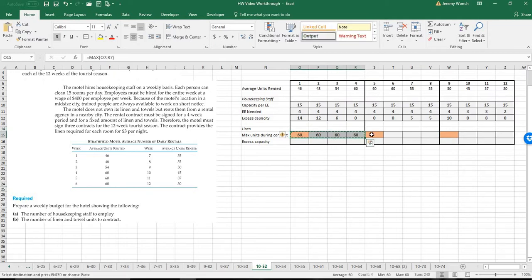And we're going to have to do this each period. So for the first 4-week period, I have to do 60 every single week, 60 every single week for the second 4 weeks, and for the last 4 weeks, we max out at 50, so we only have to do 50 for our third contract.